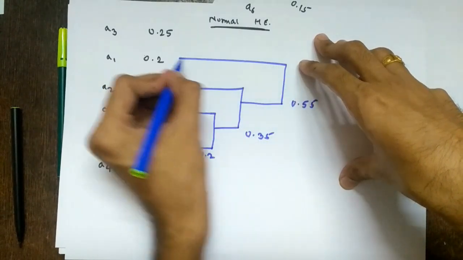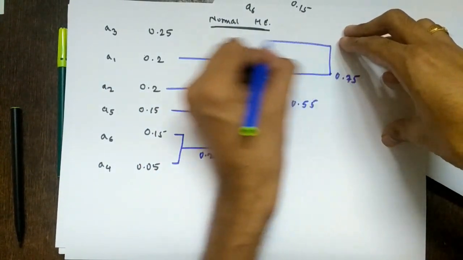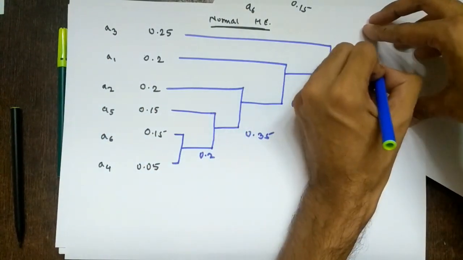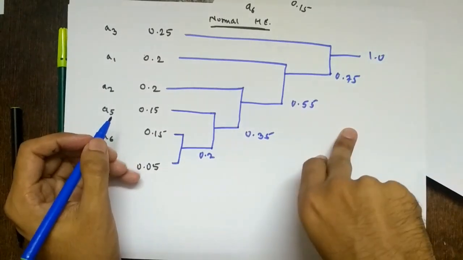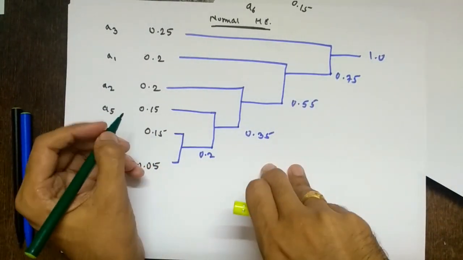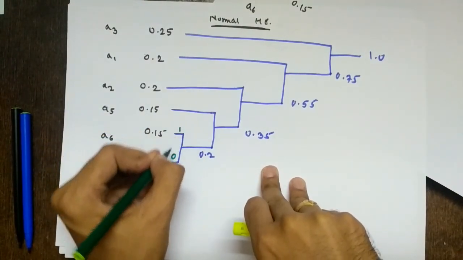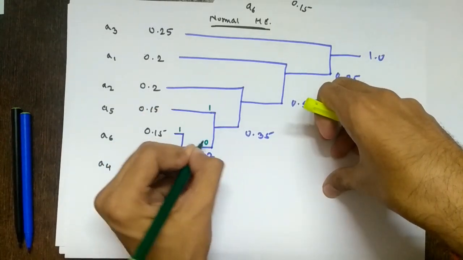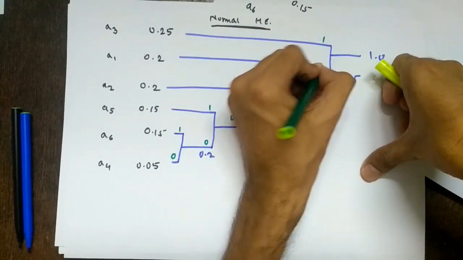Then we add with this, so we get 0.75. Then we finally add with this to get 1.0. So we have achieved 1.0, which means our addition is correct. Then we arbitrarily assign 1 and 0. So let's take 1, 0. Again, if you want, you can take this as 0 and this as 1. So 1, 0, 1, 0, 1, 0, 1, 0.